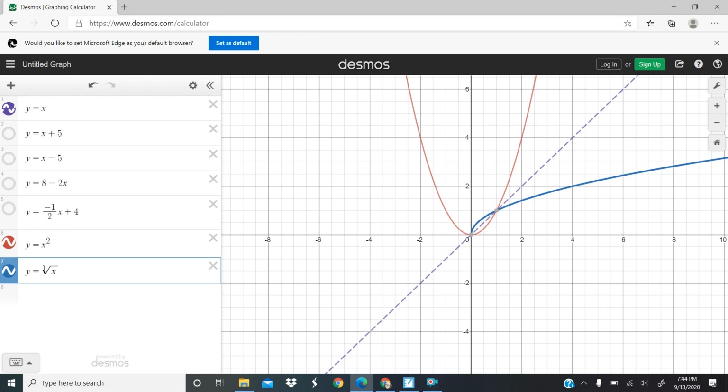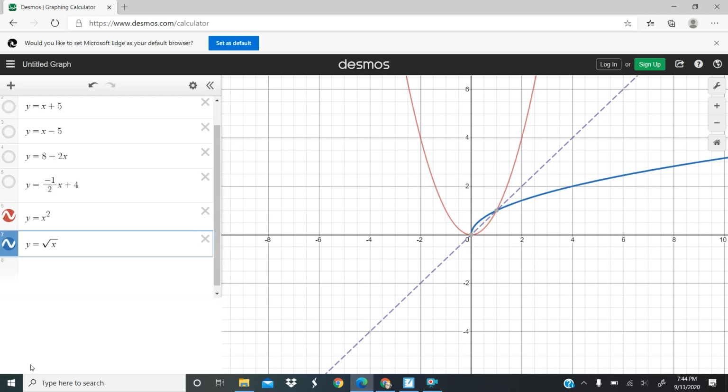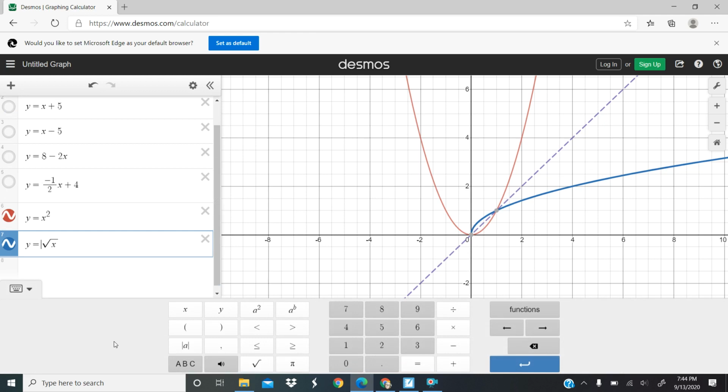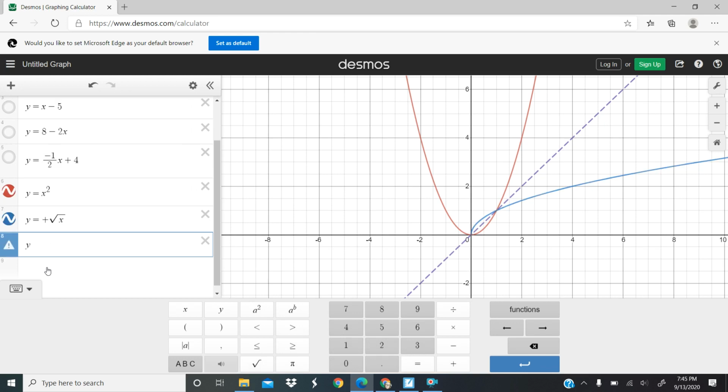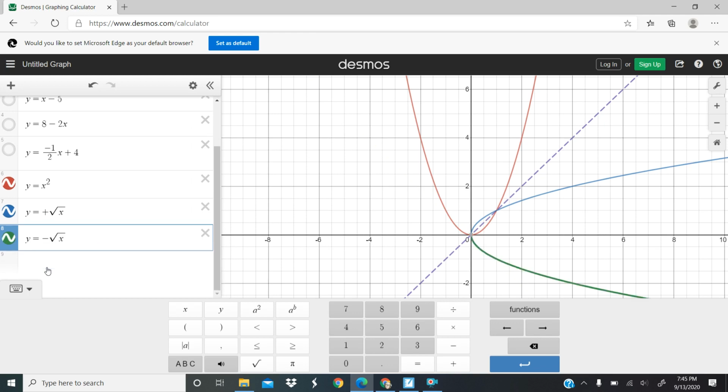And so, like we said earlier, whenever you're taking the square root, you often have to put that plus or minus sign in there, which I'm not sure we have on the keypad. Let me see if I can get it on here. I'm not seeing it. So instead, we'll do the positive version of it, and then I'm going to come down here and also do the negative version of the square root of x.